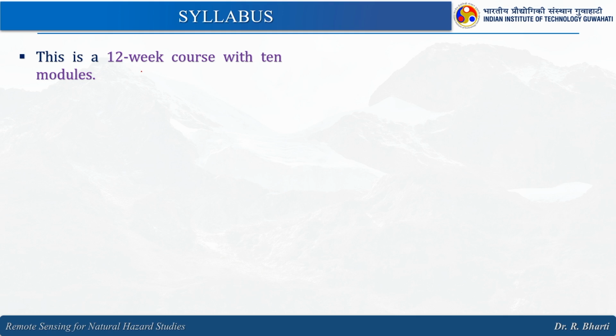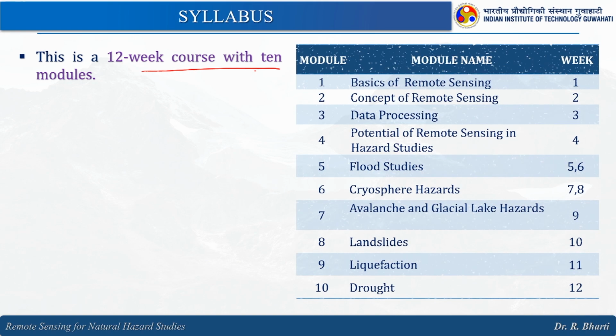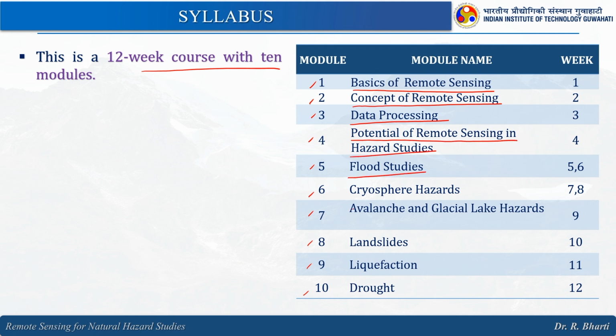So this is a 12-week course with 10 modules, and here you can see all these 10 modules are listed. The first module starts with basics of remote sensing. Then I will be covering the concepts of remote sensing, data processing, potential of remote sensing in hazard studies, flood studies, cryosphere, avalanche and glacial lake hazards, landslides, liquefaction and drought.